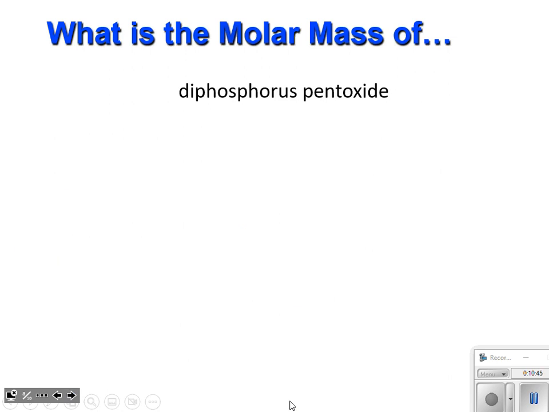Diphosphorus pentoxide. Oh, the prefixes, a little covalent bonding going on here. So, diphosphorus pentoxide, P2O5. Once again, the way I do this is I write down, I have phosphorus involved, I have oxygen involved.